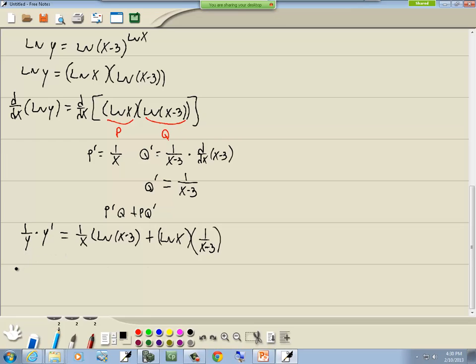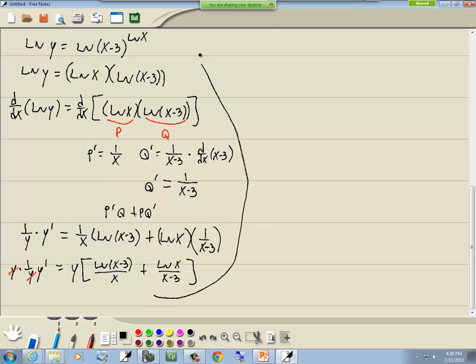Multiply both sides by y again. And this is natural log of x minus 3 over x plus natural log of x over x minus 3. The y's cancel here.